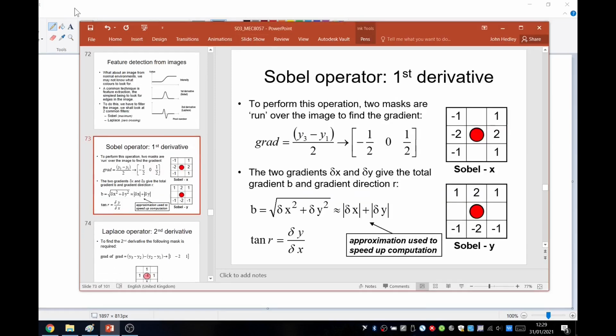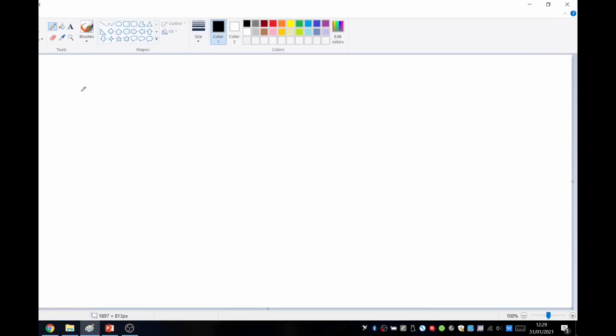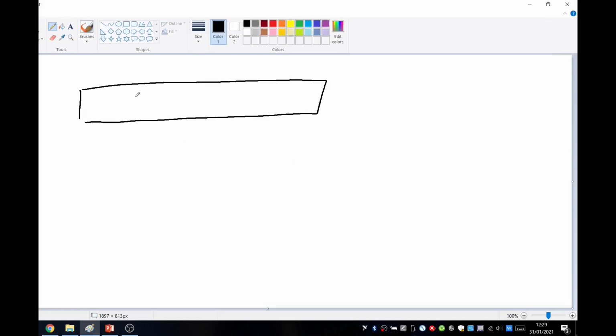if you imagine you have got an array of data, so this is your image with different values in, and this is value y1, y2, y3. And what we can see is this would be a certain value corresponding to the intensity at that pixel.